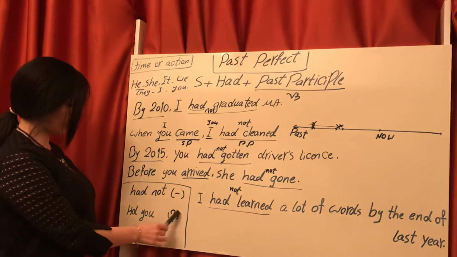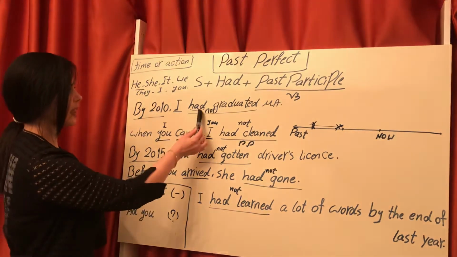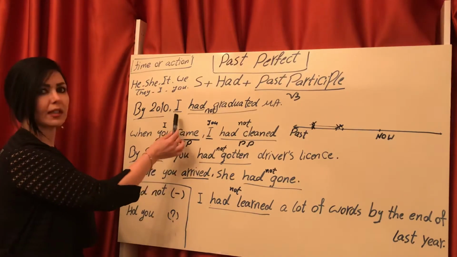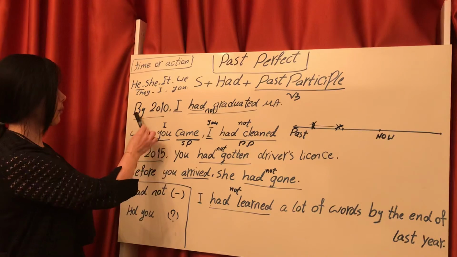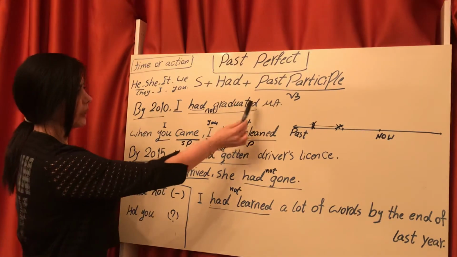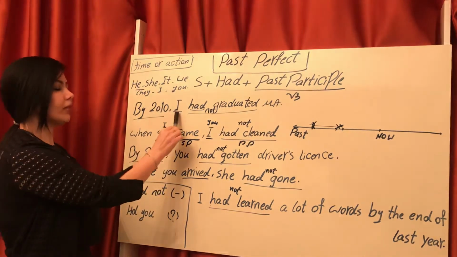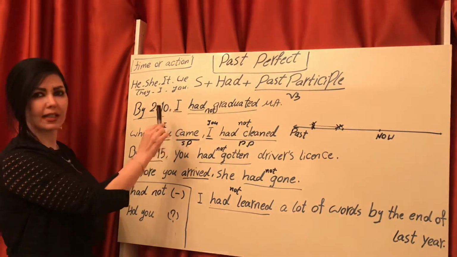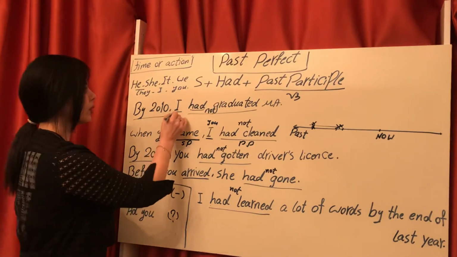Now for question. For question, we just change the place of had and the subject. For example, the first sentence, by 2010, I had graduated MA. For question, when we have I as a subject, we change it to you.